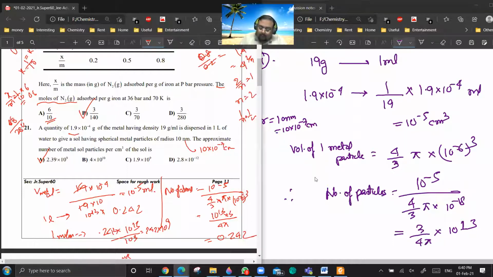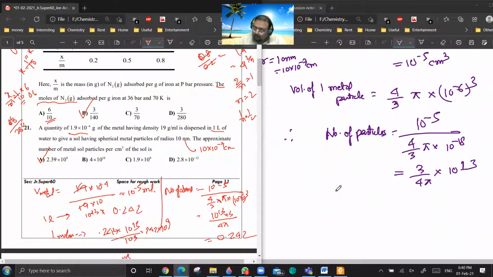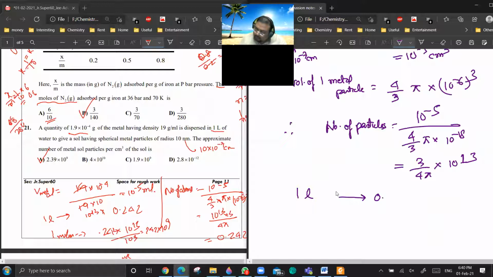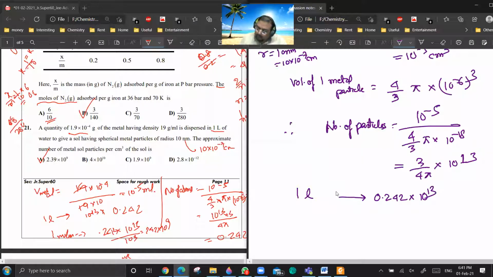In 1.9 into 10 to the power minus 4 grams. And this is in 1 liter of solution. Okay, so 1 liter is having how many particles? This value will come out to be like 0.242 into 10 to the power 13, which is 1000 ml.